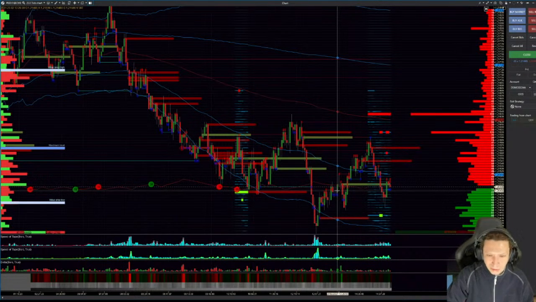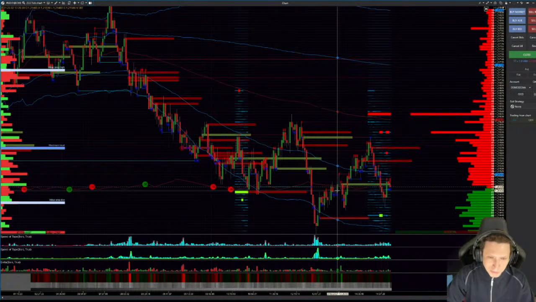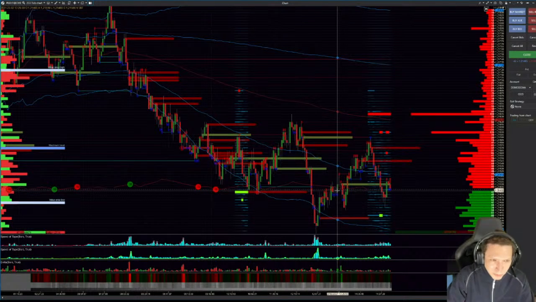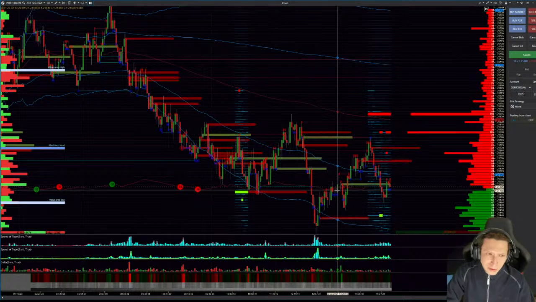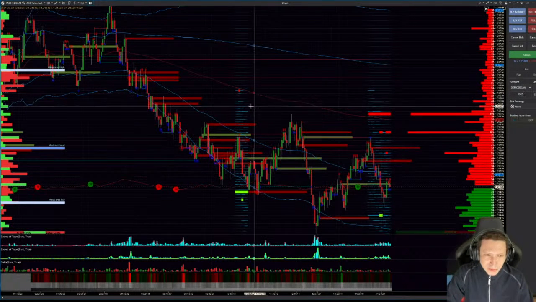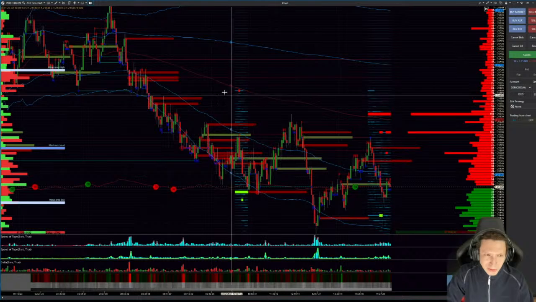It might be for the day, or the few hours, that it's moving down. So if we look at the general situation, it would be like a counter trade in this case.